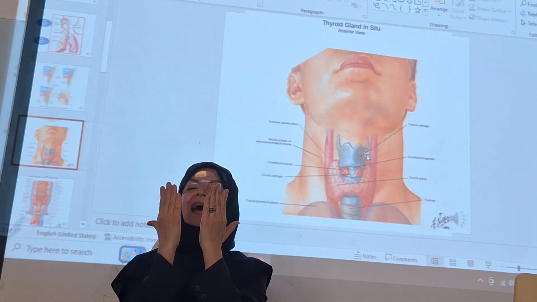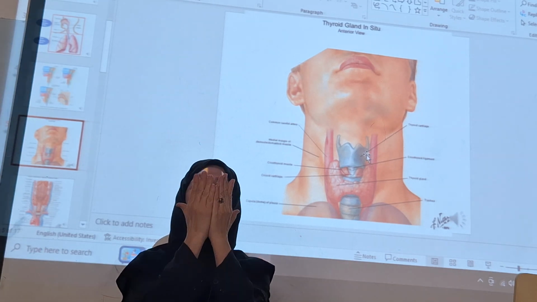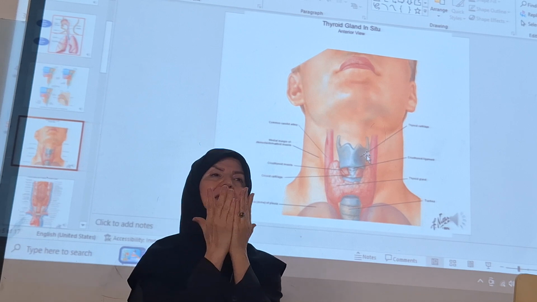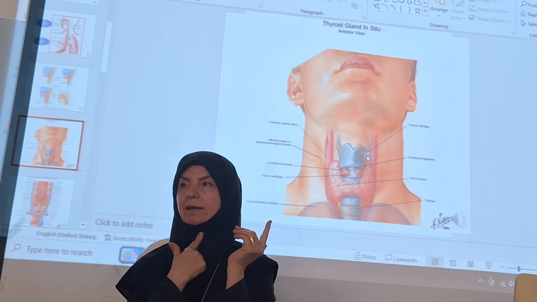So the attachment of the lamina on the right and left side anteriorly here makes the laryngeal prominence, makes the Adam's apple. Have you ever heard of Adam's apple?